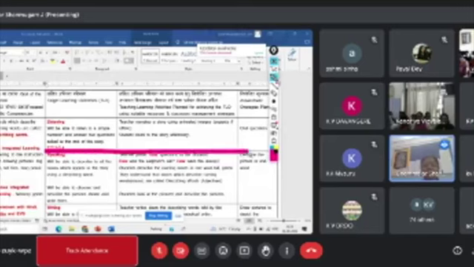Okay, this line. This is the learning outcome I wish to acquire. For acquiring this is the activity I wish to perform, or this is the activity I wish to do. And your TLMs also you can list here. In my case, because I've written here puppets, if you want, you can write here TLM separately. For this activity, what is the TLM you want to use, or what is the teaching aid you want to use. Okay.